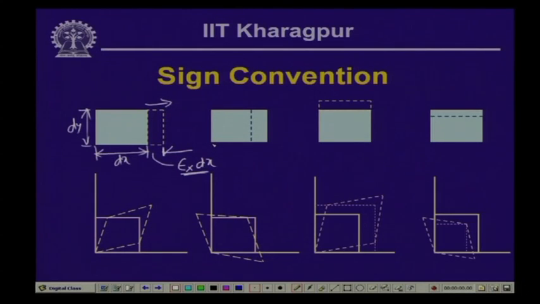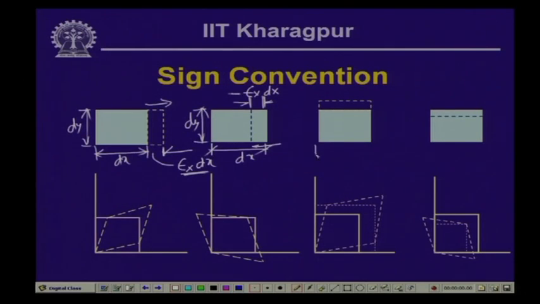Again in this element, this is dx and this is dy. Here the compression of this element is denoted by this dotted line, and this is again epsilon x dx, but it has gone in the opposite direction, it has compressed. So here epsilon x is negative.